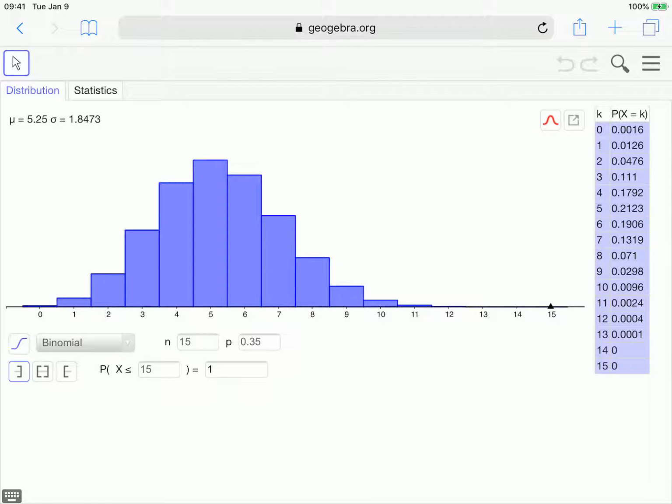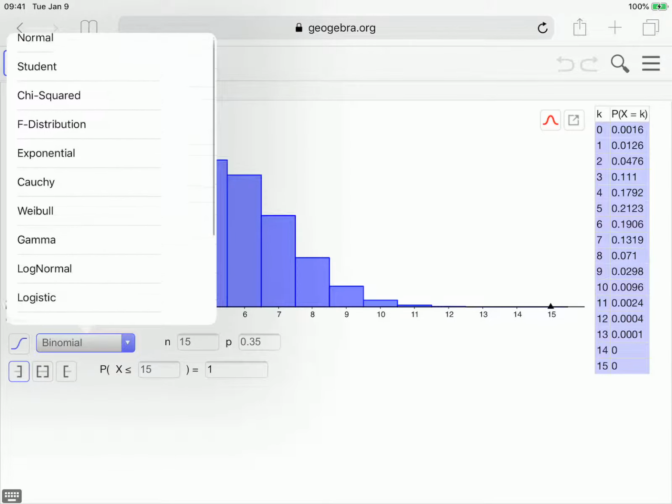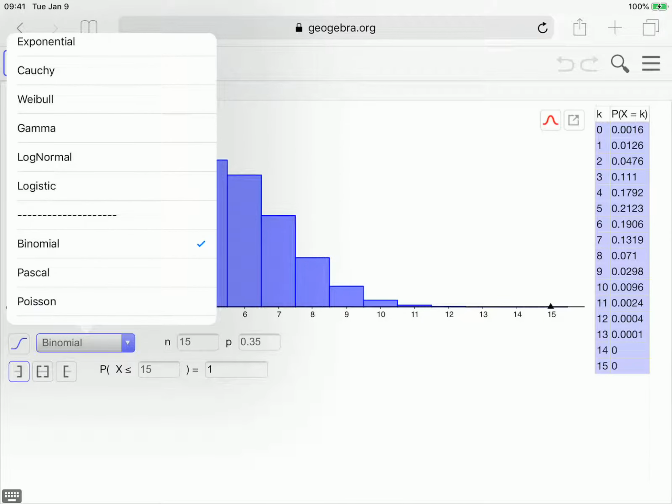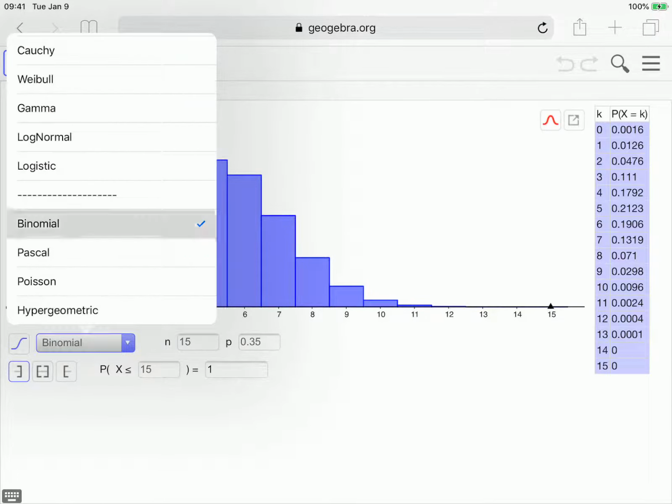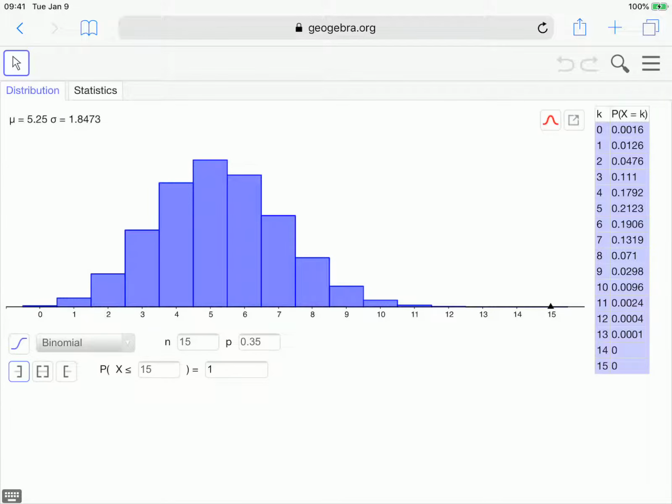So what I did is I'm on the GeoGebra probability section, and right here is a list of all of the different probability distributions that there are. Okay, right now we are focused on a binomial. So I clicked on the binomial, and I went ahead and set this up a little bit already. I said that n, which is the number of trials, was equal to 15, and our p, which was the probability of success, is equal to 0.35.